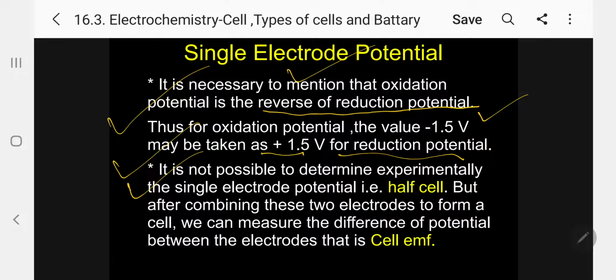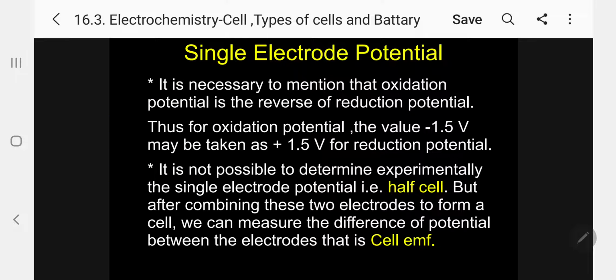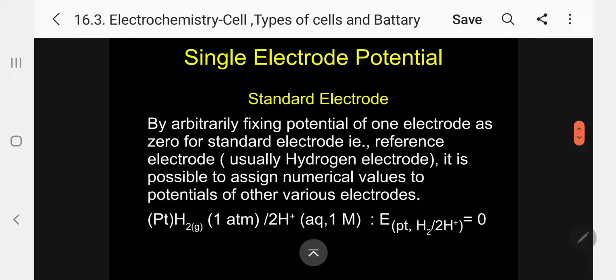But after combining these two electrodes to form a cell, we can measure the difference of potential between the electrodes, that is cell EMF, electromotive force. With the help of a null deflection potentiometer, we are able to measure it.